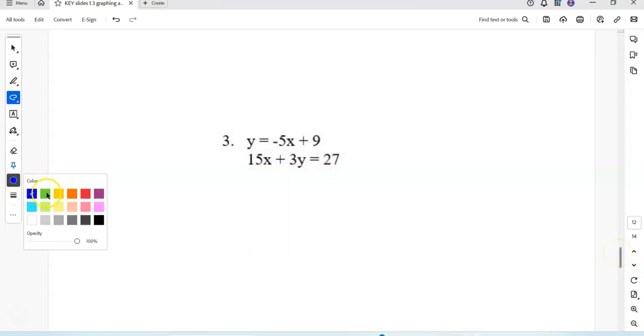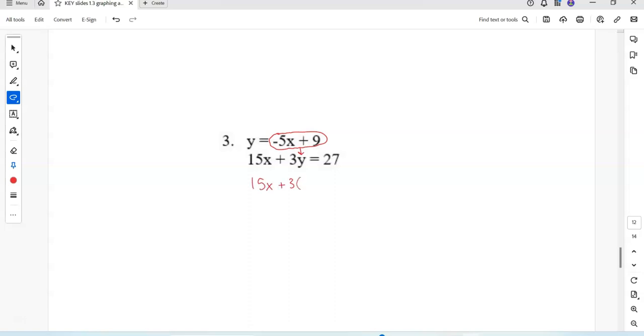If I look at this one we would use our substitution method. And so for that, I would take this -5x plus 9, plug it into the second equation for y. And I'm just rewriting that second equation. Now let's see what happens. So we have 15x minus 15x, because I'm distributing that 3 to a -5x, which gives me -15x. And 3 times 9 gives me 27. Okay.